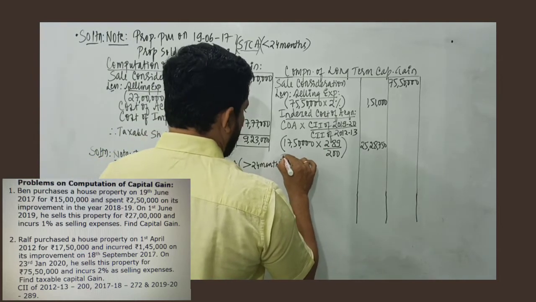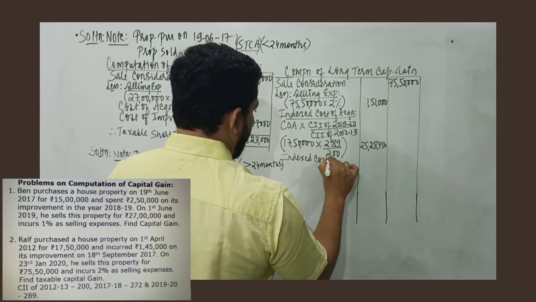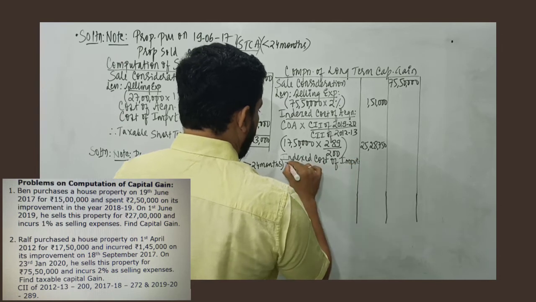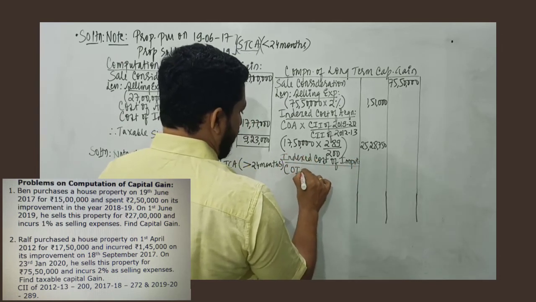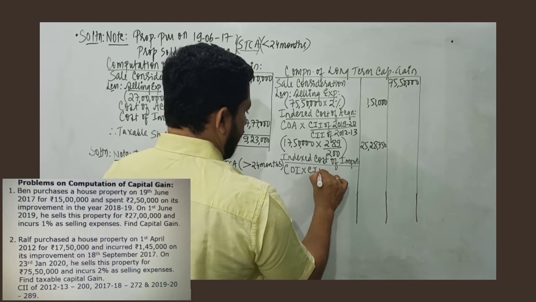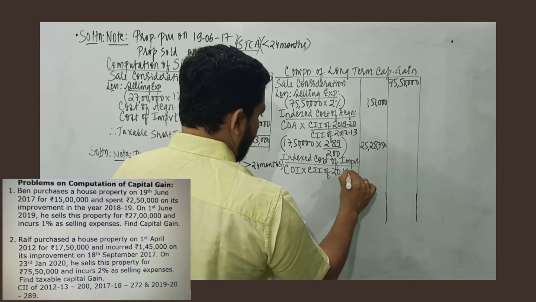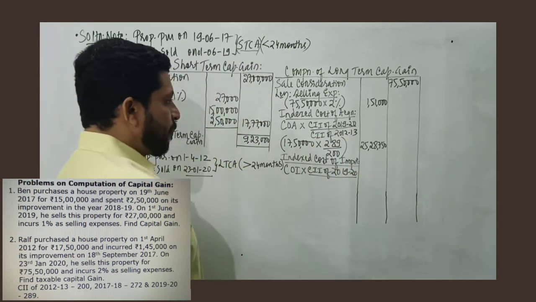Next, we talk about index cost of improvement. How do we calculate index cost of improvement? We take cost of improvement into CII of the year of transfer, which will remain the same, that is 1920, divided by CII in the year in which improvement took place.